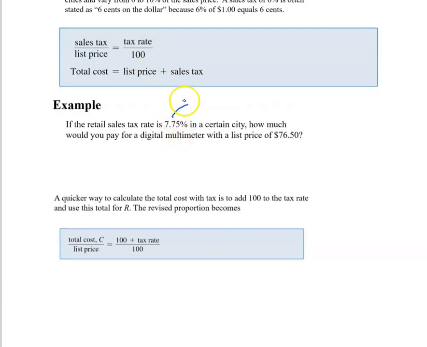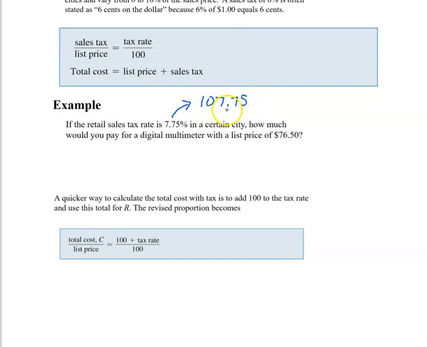If I'm paying sales tax, then I know that I'm paying over 100%, because 100% of the price is going to be this. So I automatically change this to, I'm paying 107.75% of the price.